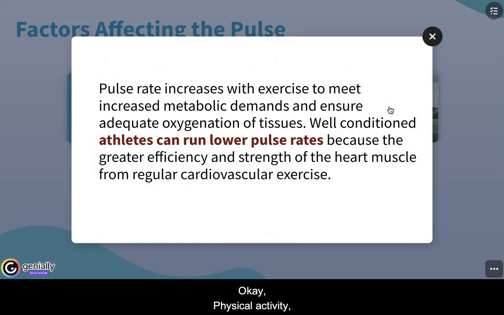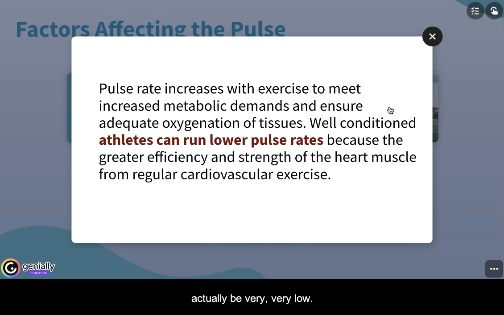Okay, physical activity. It increases metabolic demands, and because of that your heart is pumping faster to compensate, and this can cause your pulse and heart rate to increase. So your pulse rate will be increased when you're exercising. Now, well-conditioned athletes, for example professional athletes, might actually have very low pulse rates.